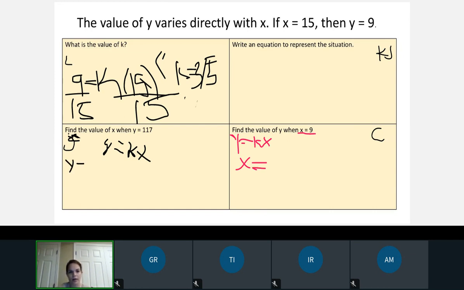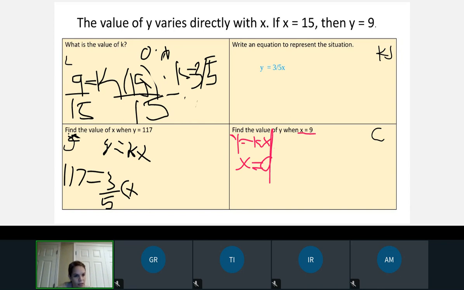So KJ, do you want to go ahead and write our equation down for us? Three fifths times x. Very good.